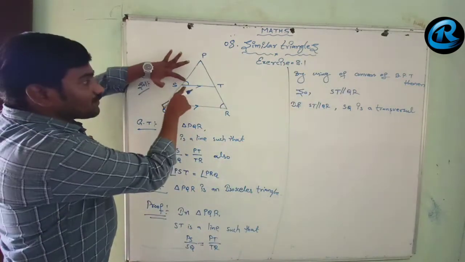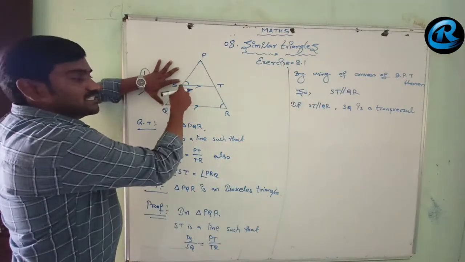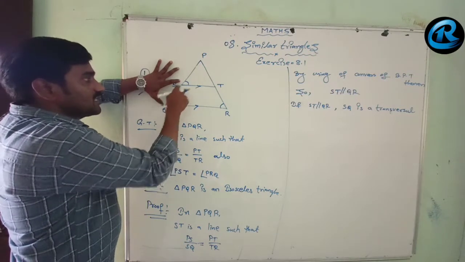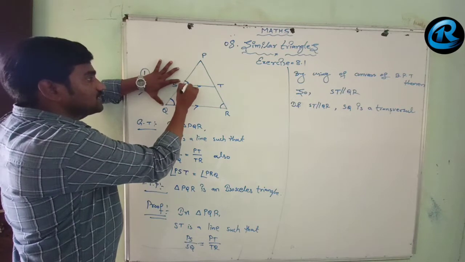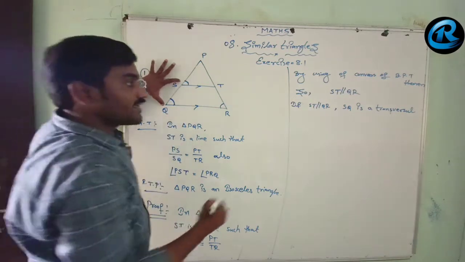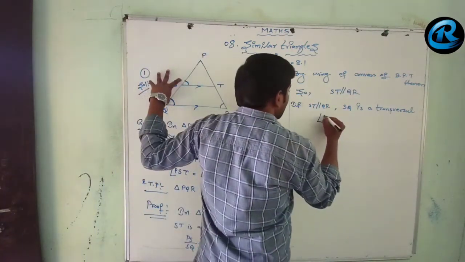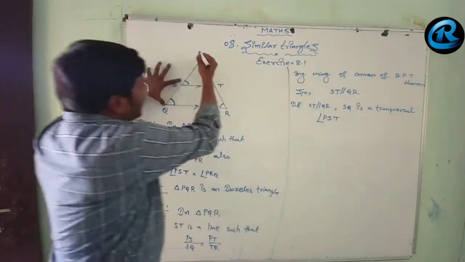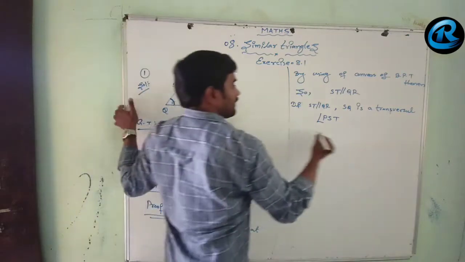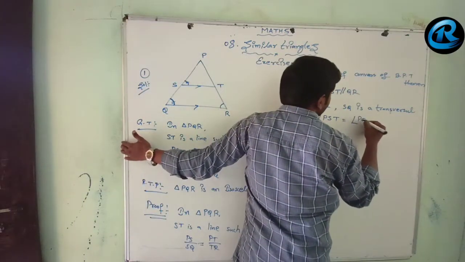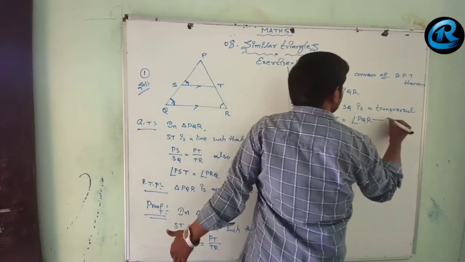If these two lines are parallel and here SQ is intersecting these two parallel lines, there SQ is known as a transversal. Then these two angles are known as corresponding angles. So we can write now here angle PST is equal to angle PQR. This is equation number 1.